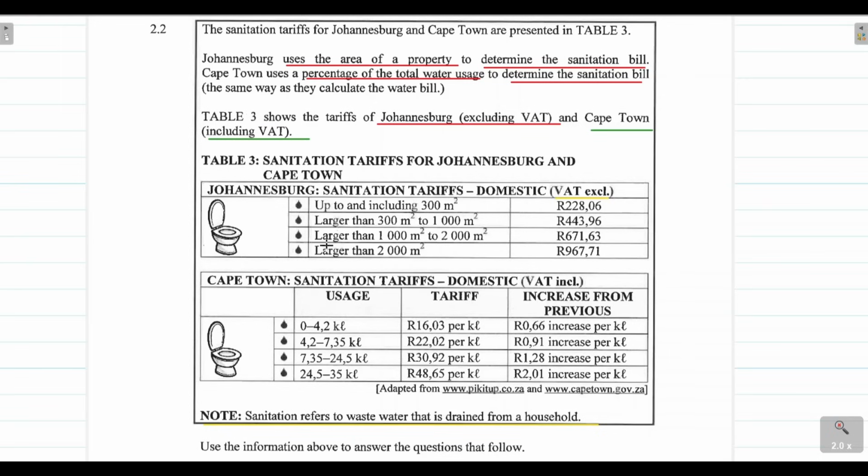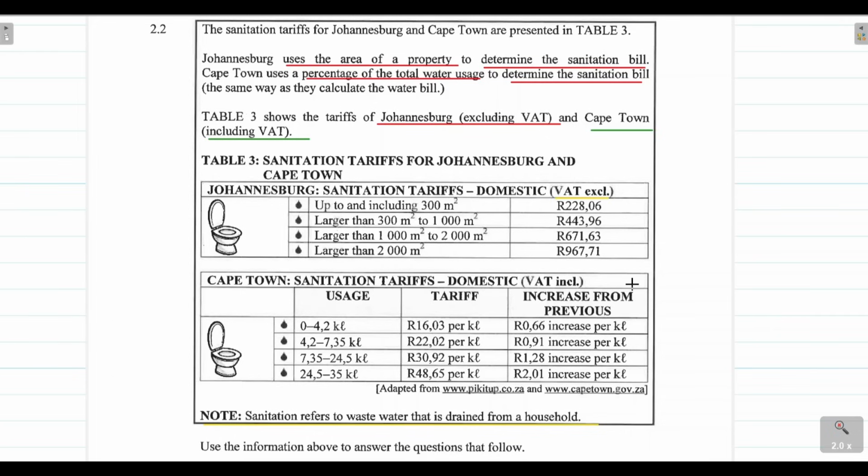If your household is larger than 1,000 meters, or if it's between 1,000 meters squared to 2,000 meters squared, you pay that amount. And if the size of your property is bigger than 2,000 meters squared, then you basically pay 967 rand and 71 cents.